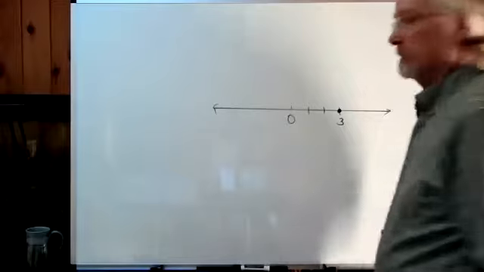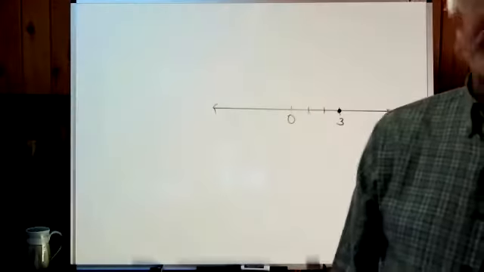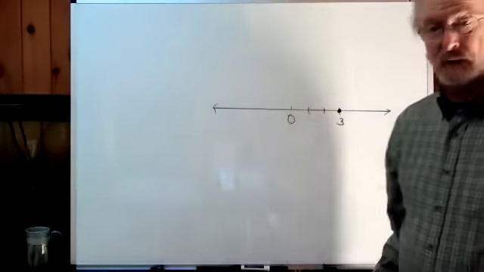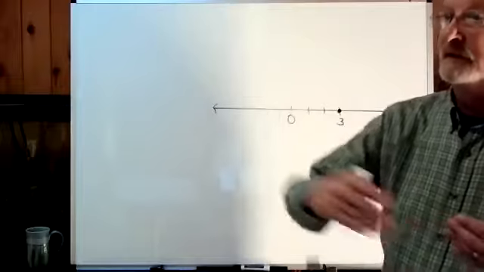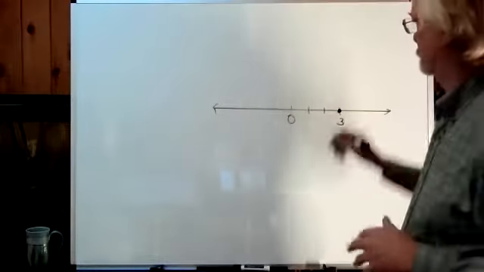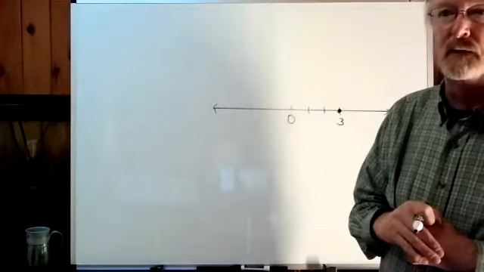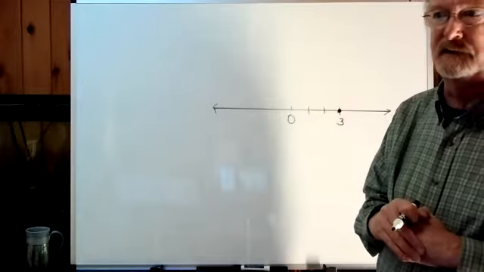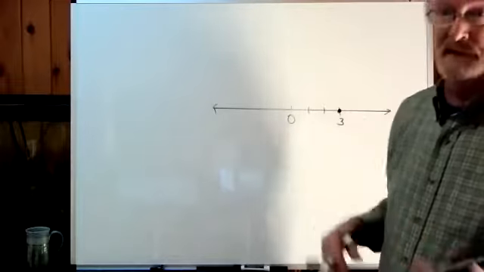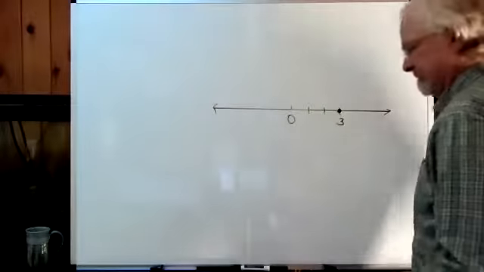I could just put that dot there, and there I've actually graphed the solution. When we were working with the inequalities, there was a whole interval of solutions, and we actually shaded in one side of the number line to show all the possible solutions to that situation.